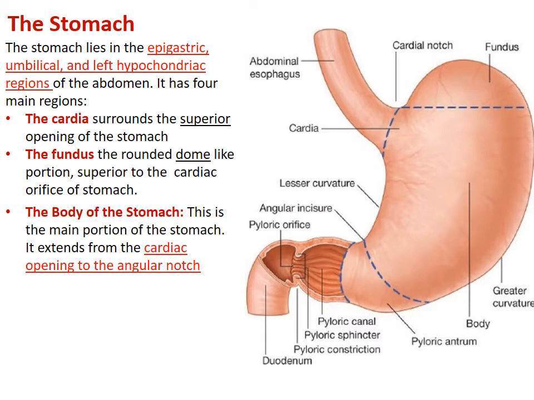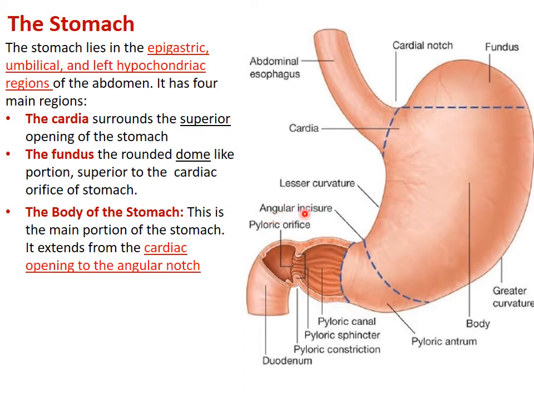Then we have the body of the stomach. Below this horizontal line is a very big body, down to a line here. Anatomically, this line is actually a vertical line. In the anatomical position of the stomach, draw a vertical line from the point of this angle. This angle is called the angular incisure, angularis incisura in Latin.